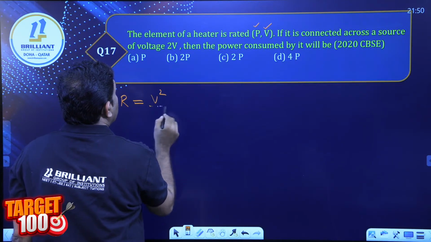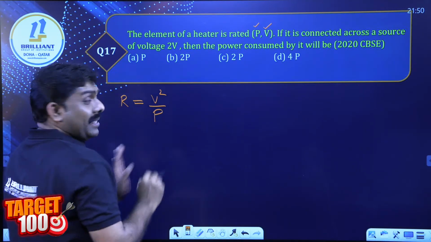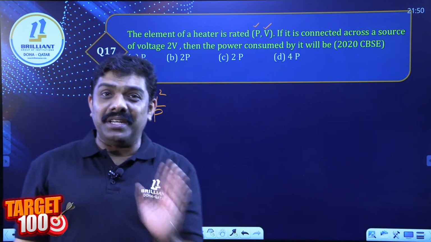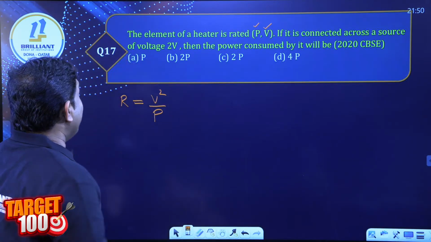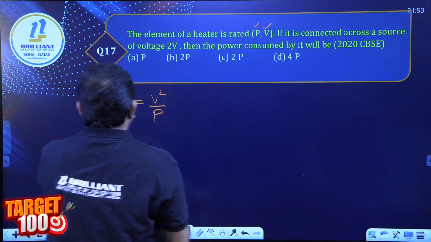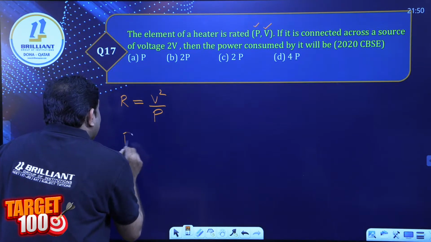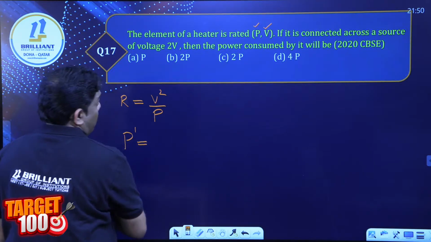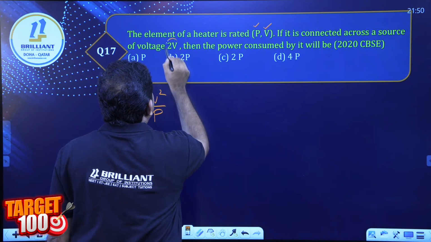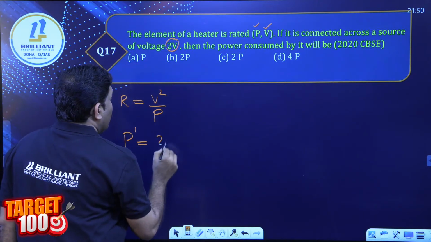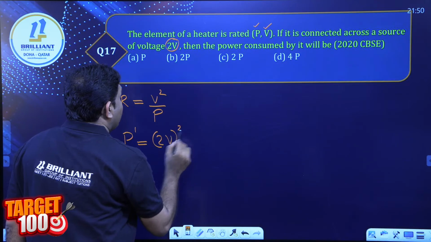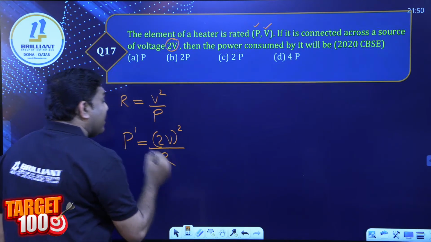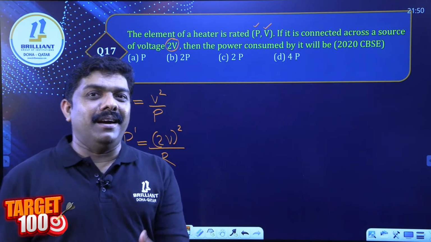R equals V square by P. This resistance will be the same, no change will be there. So I can find the power consumed in the next case. The next case power P dash is equal to, which voltage is it connected to? 2V. So 2V all square divided by the resistance, V square by R.